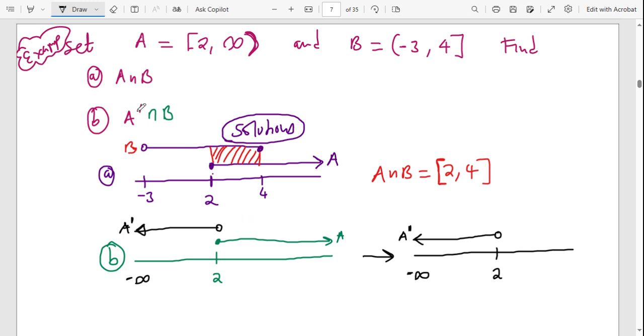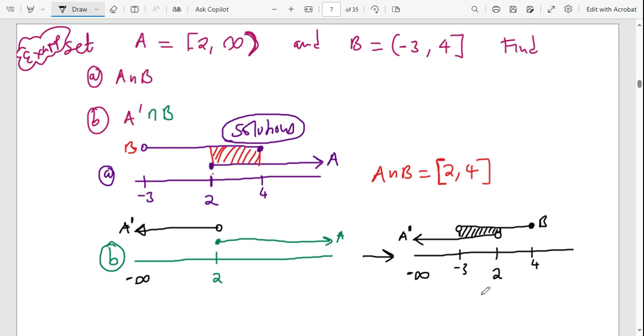And then remember, I want to find A complement intersection B. So the set B is from negative 3 up to 4. Negative 3 is not being included, but 4 is being included. That's the set B. So I want where A complement is intersecting with B. So it is from here up to here. This is the set.